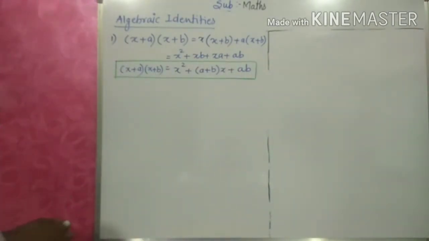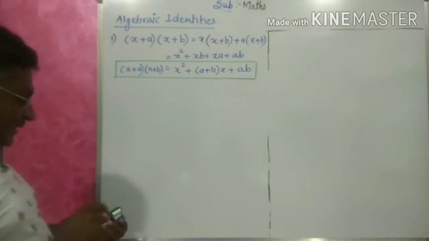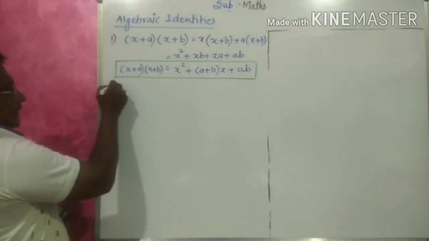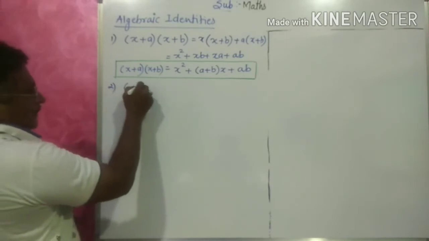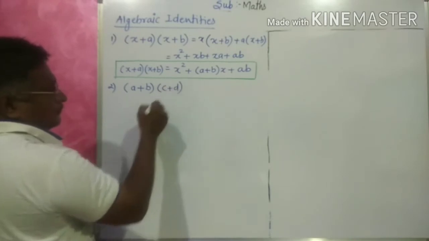How that identity forms, I am giving here as well. Carefully, that identity has to be remembered. Okay students? The second identity is also the distributive property: (a plus b) into (c plus d).